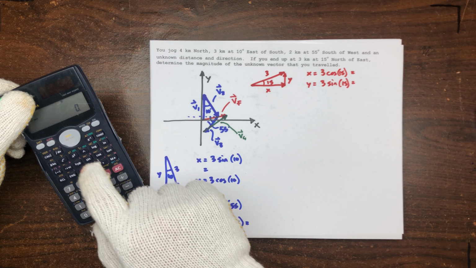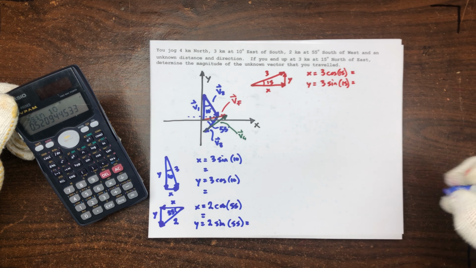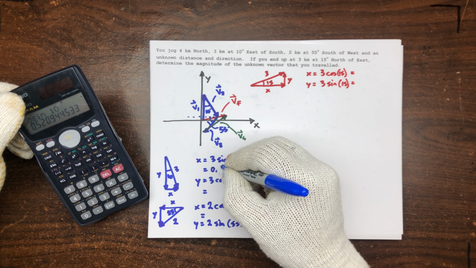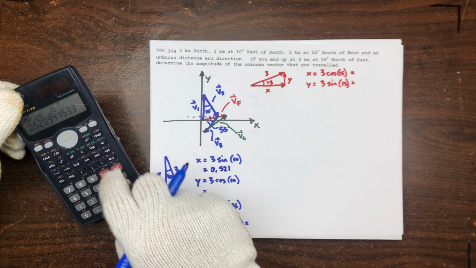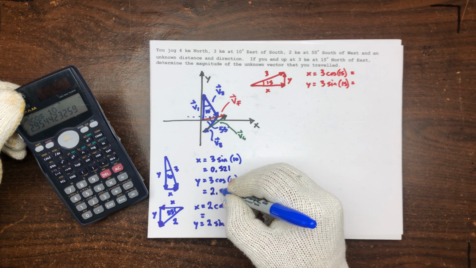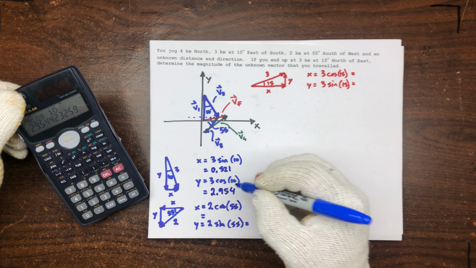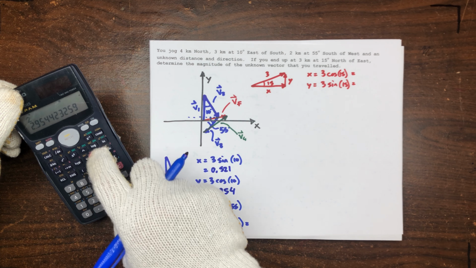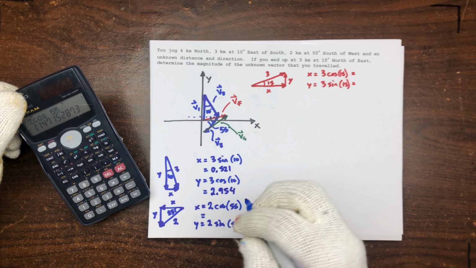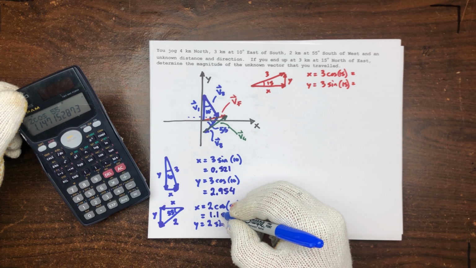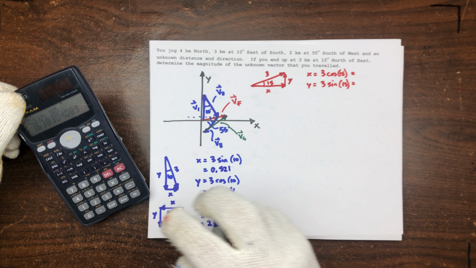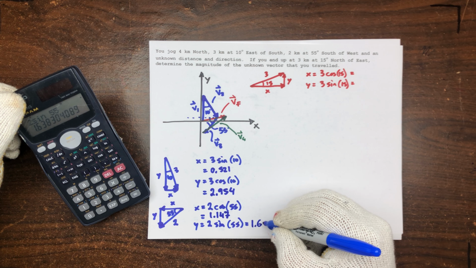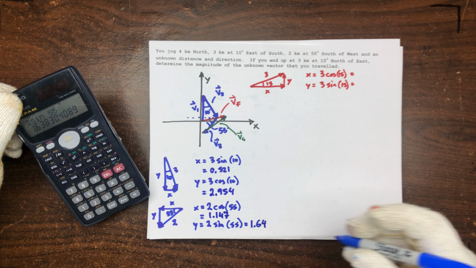So 3 sine 10 is equal to 0.521. 3 cosine 10 is 2.954. 2 cosine 55 is 1.147, and 2 sine 55 is 1.64.